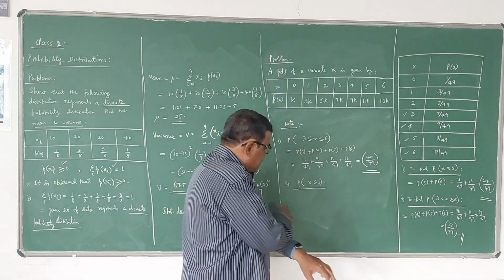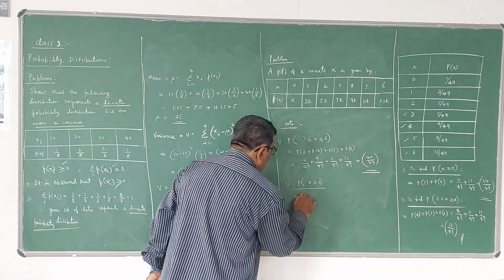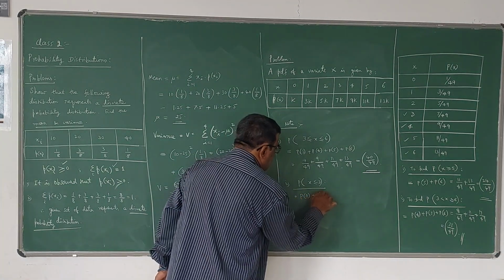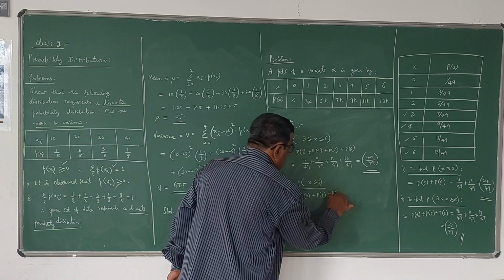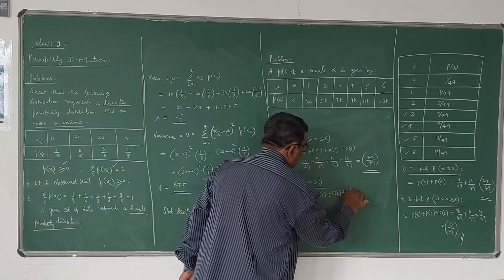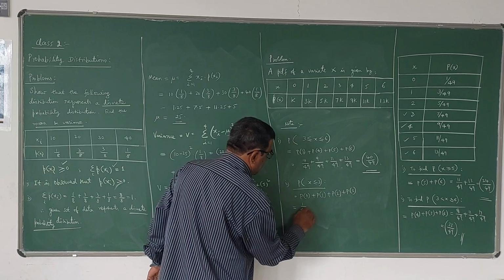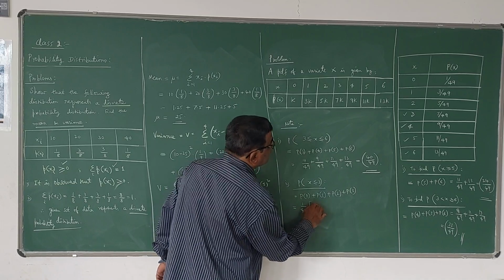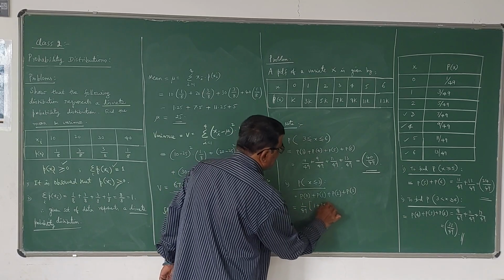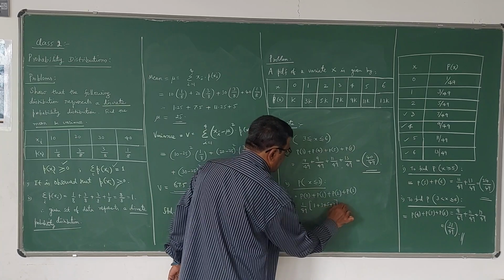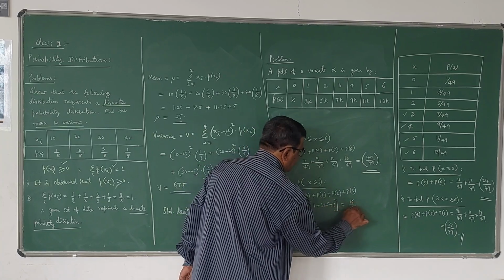Correct? That means it is p of 0 plus p of 1 plus p of 2 plus p of 3. Which is 1 by 49 I can take common. P of 0 is 1 plus 3 plus 5 plus 7, 16 by 49.